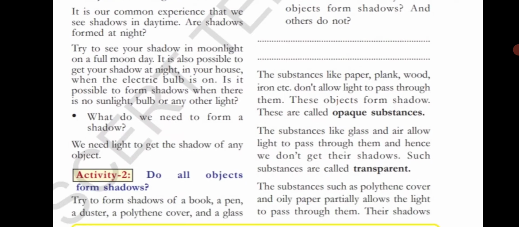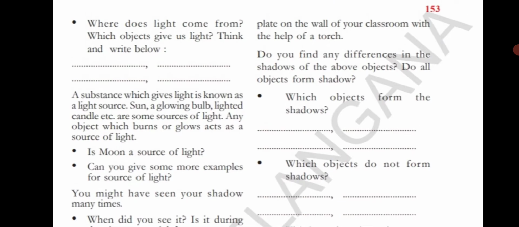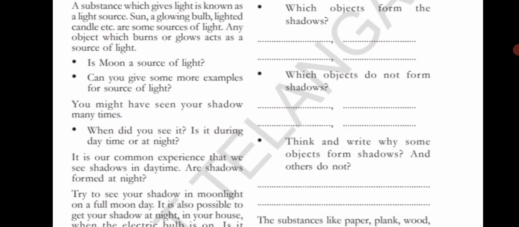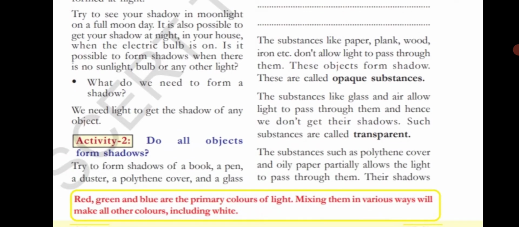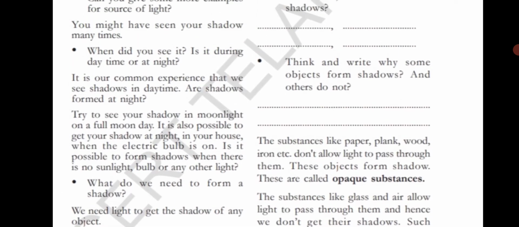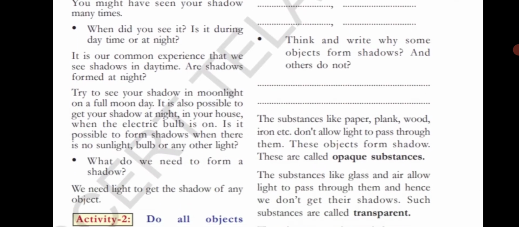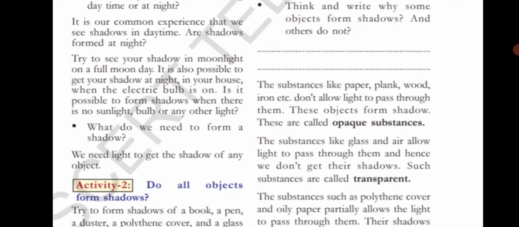Pen, duster form shadows. Which objects do not form? A glass plate, polythene cover. Think and write why some objects form shadows and others do not.